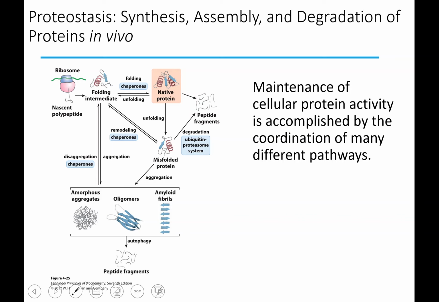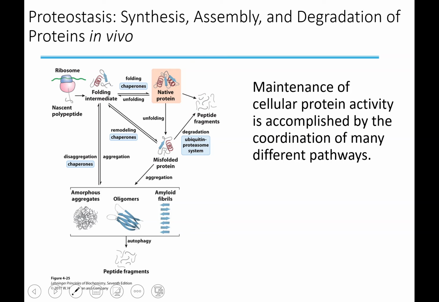But there are other proteins that need help folding all the way to their native state. Okay, so going from an intermediate as synthesized into the native state requires what are known as chaperones for some proteins. So then we have our native protein.